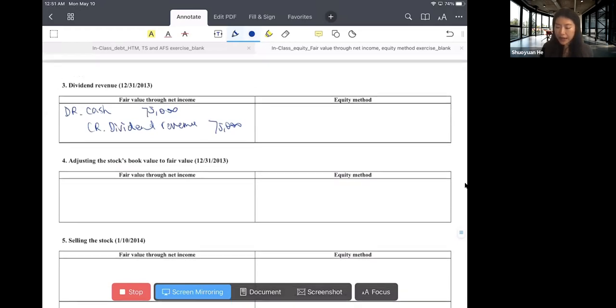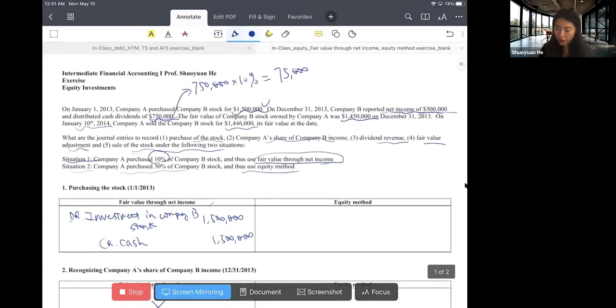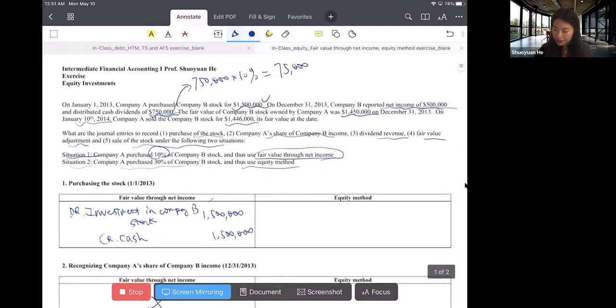And at the end of the year, under the fair value through net income method, we need to look at the fair value of the stock at the time and adjust the book value to fair value. The fair value of the stock at the time is 1.45 million.